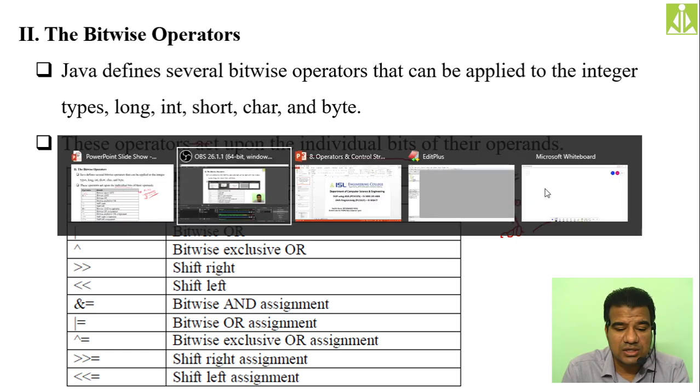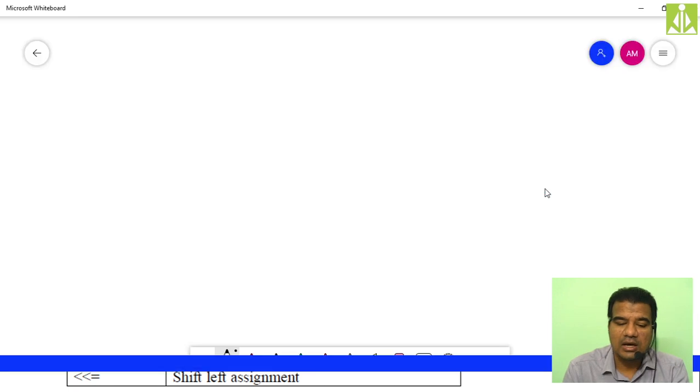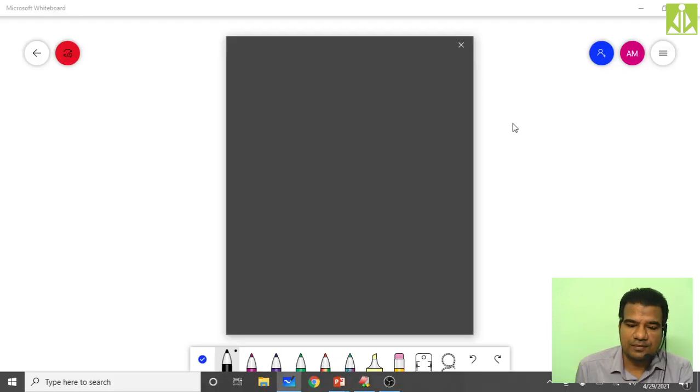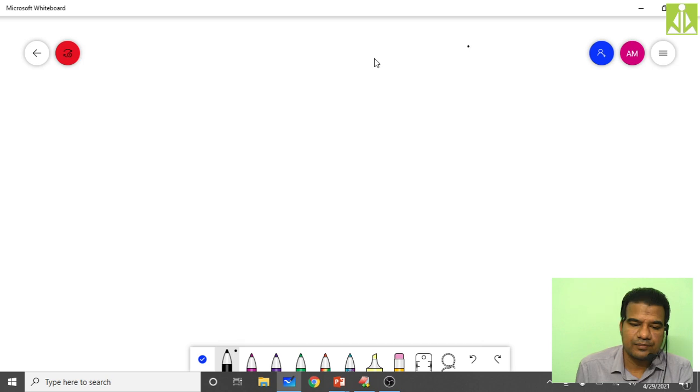So just go to the whiteboard application and take an example of a simple byte variable. I told you to take byte only because it takes only 8 bits.